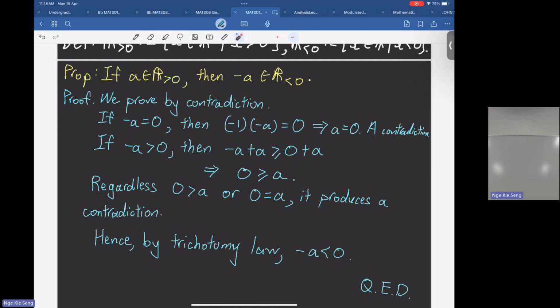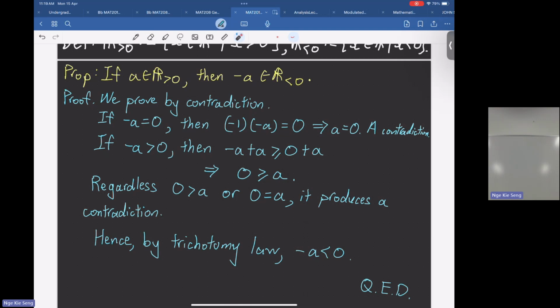Does that make sense? I start with minus A greater than 0. I add A to both sides. Minus A plus A is what? 0. 0 plus A, because 0 is the additive identity, and minus A is the additive inverse of A. So I get 0 greater than or equal to A.